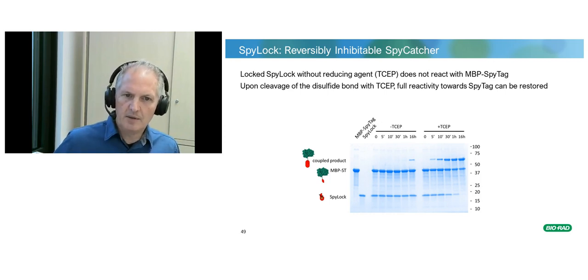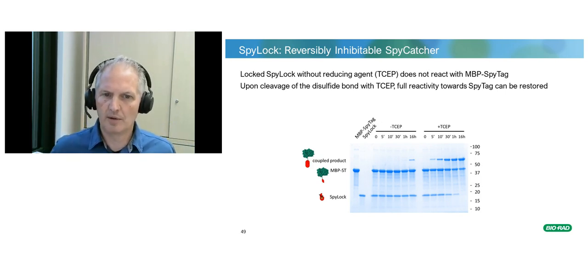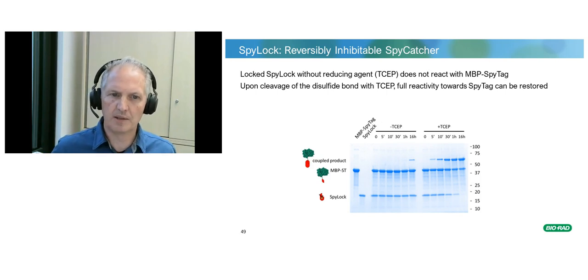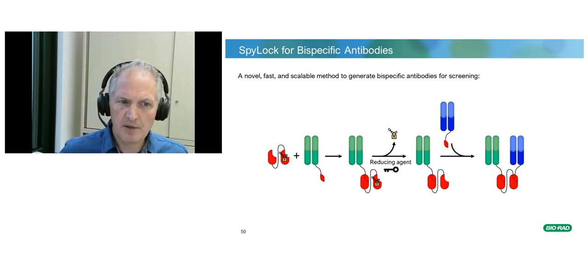If we add a reducing agent, in this case TCEP, then after 5 minutes or so, we start seeing a ligation product. And after 1 to 3 hours, the reaction is usually complete. And how do we use it for bispecific antibodies?